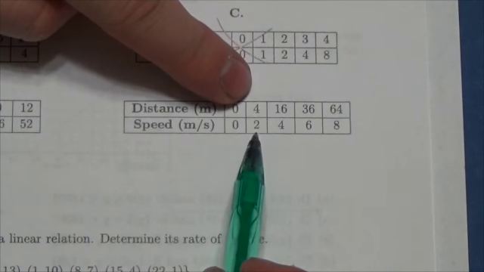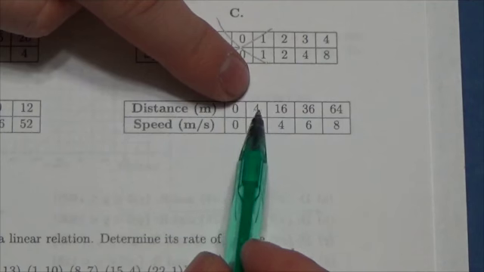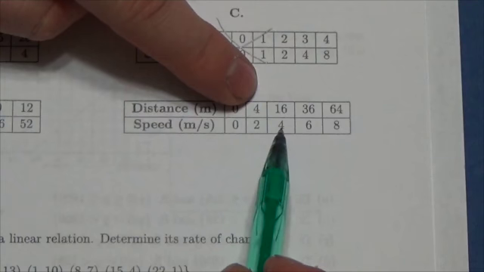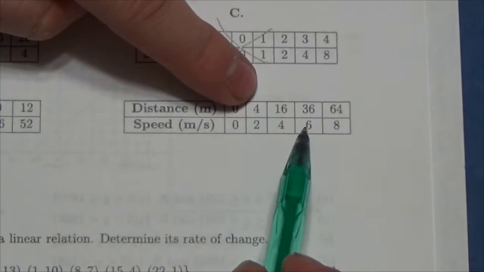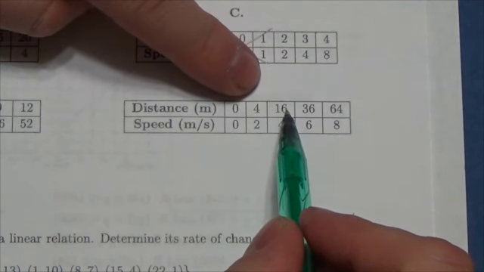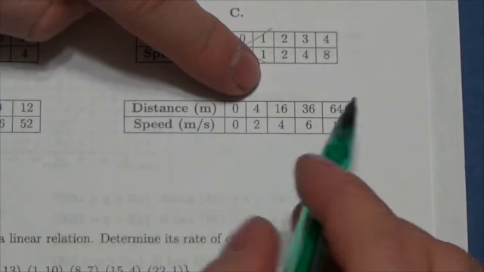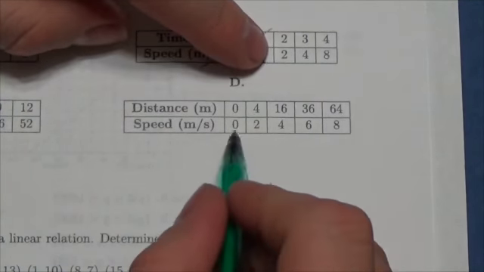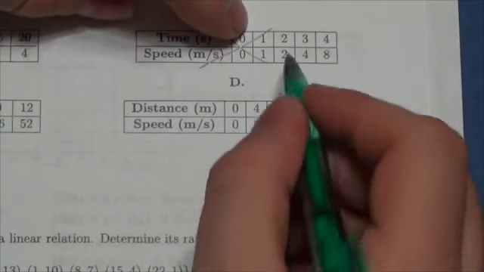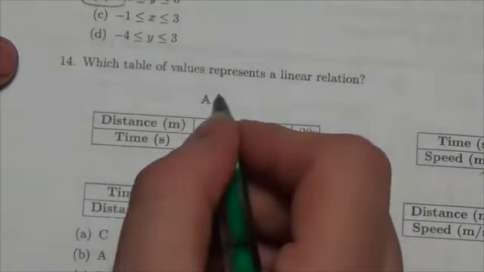Then the distance goes up by 12, and the speed has still gone up by 2. Notice that the speed in the next section goes up by 2, and then the distance more than doubles. It's going up by 16, 32, so that's going up by like 20, and then more and more. So again, this isn't linear. One of them is going up by a nice consistent amount, but the other variable isn't. And so A has to be the one that's linear.